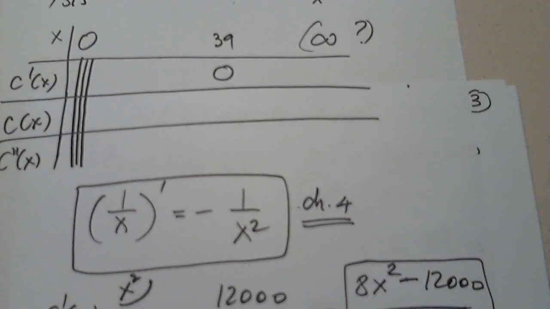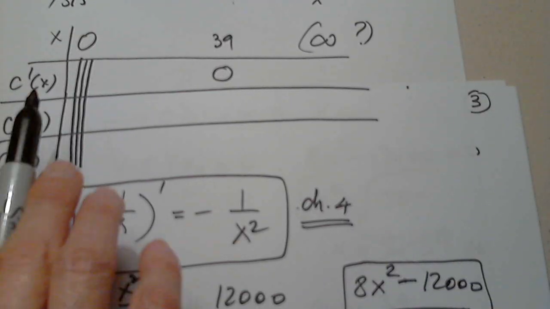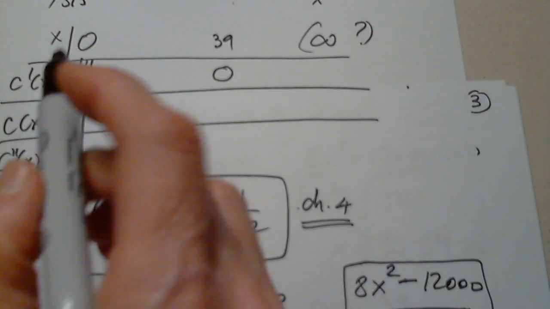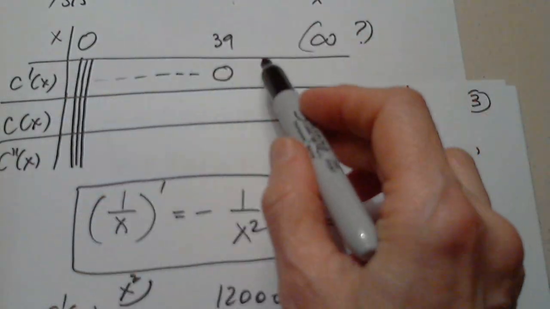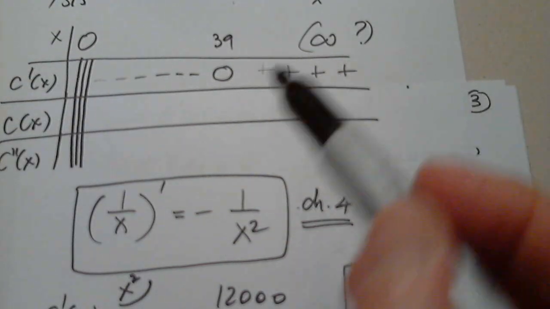But remember, the denominator is always positive. I'm not going to waste my time plugging in anything in x squared. But when I plug in 0 in the numerator, I get negative. So on this side is negative, and on the other side, when you plug in any number to the right-hand side of 39, you will see it's positive.